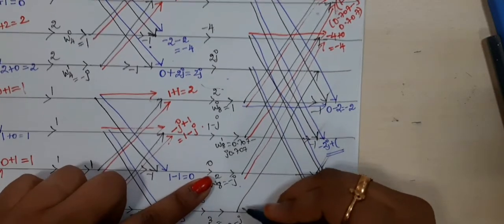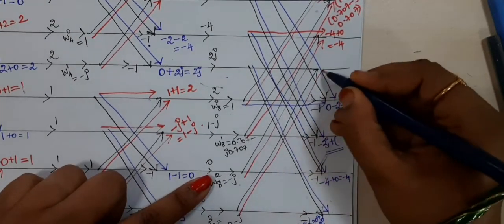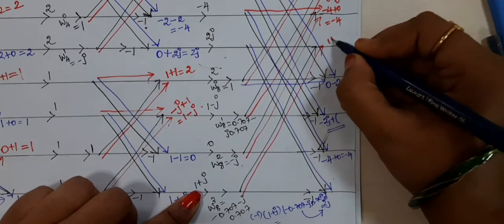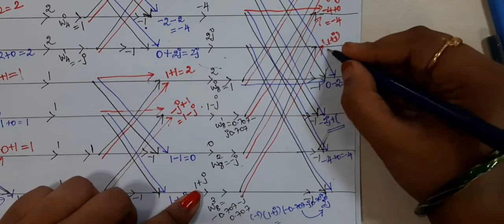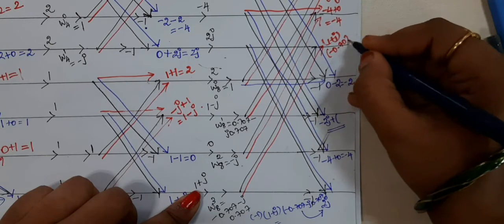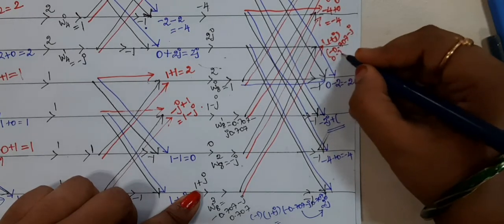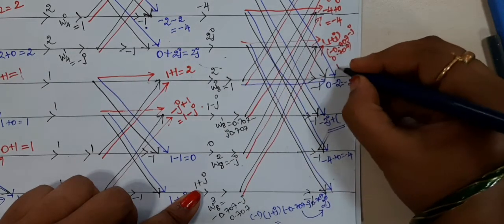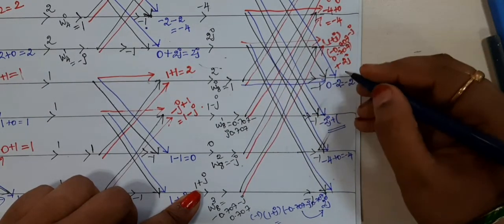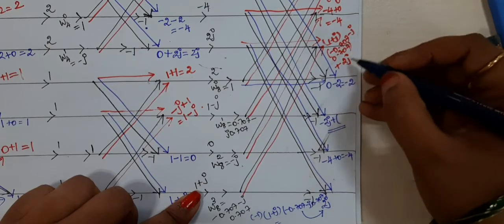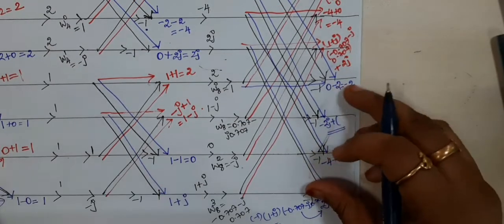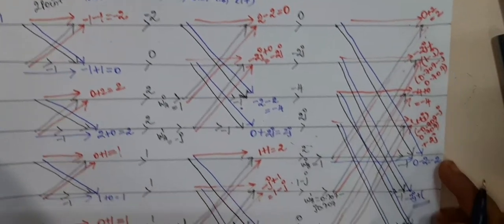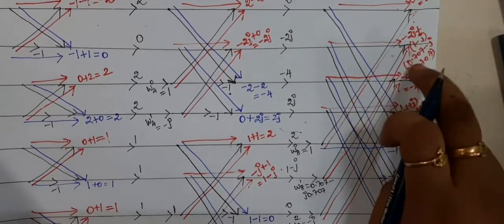And another up arrow is 1 plus j into minus 0.707 minus j 0.707, and another value coming here is plus 2j. It is not multiplication, it is plus 2j. So we have to solve this and find the answer. This is all about the overall structure of the DIT. Now I am going to show you how to solve this one.